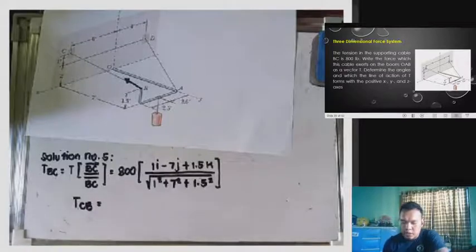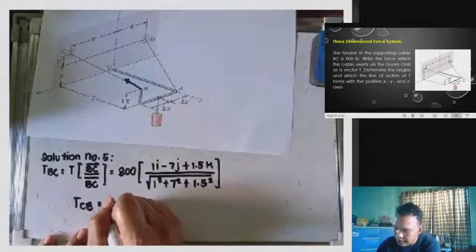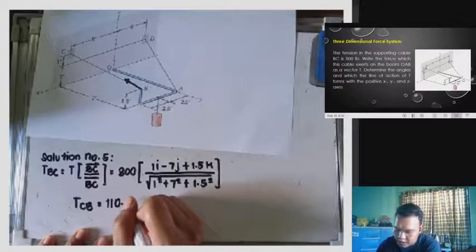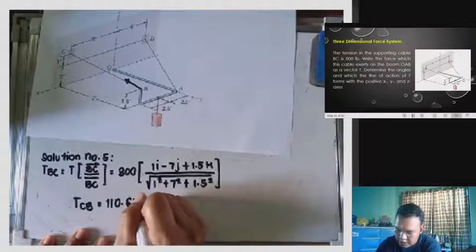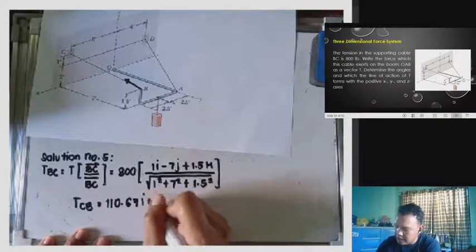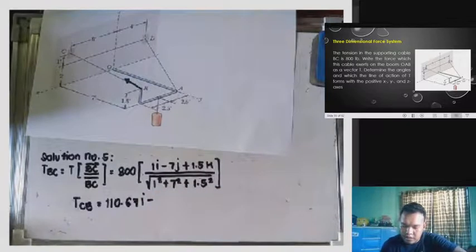So, we have here 110.67 i minus 800 times negative 7j all over square root ni 1 squared plus 7 squared plus 1.5 squared.